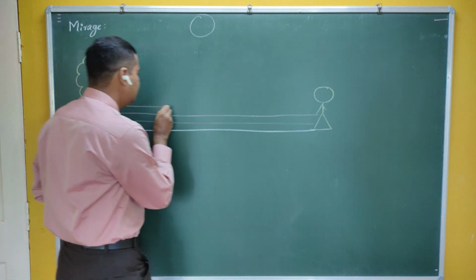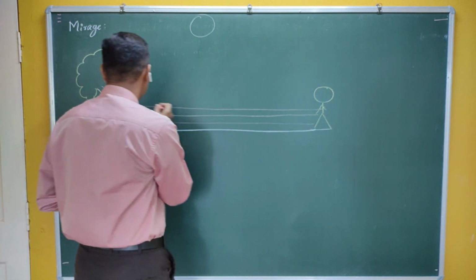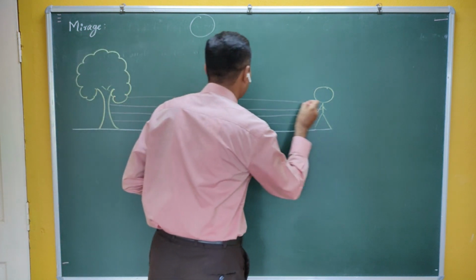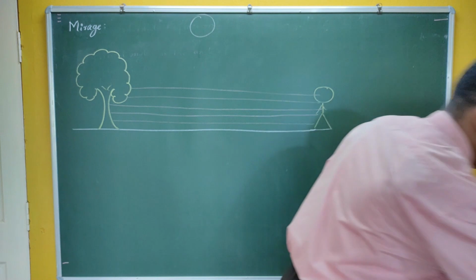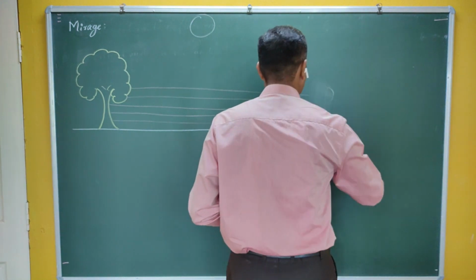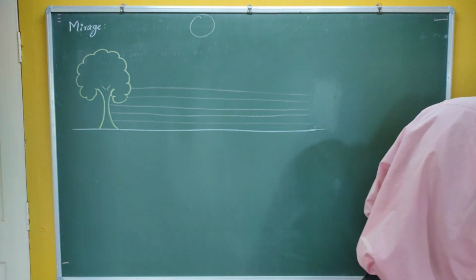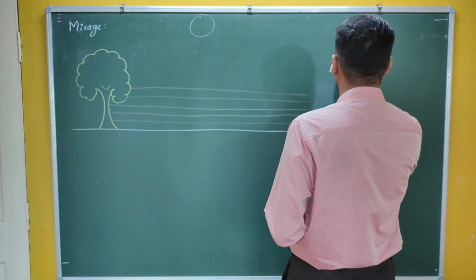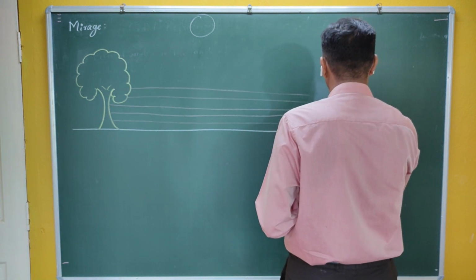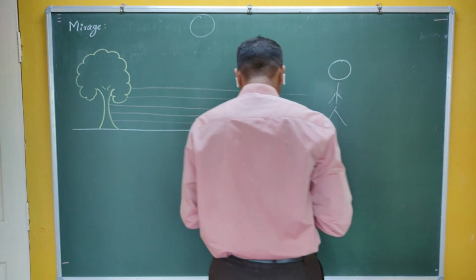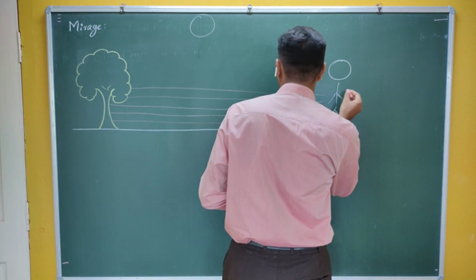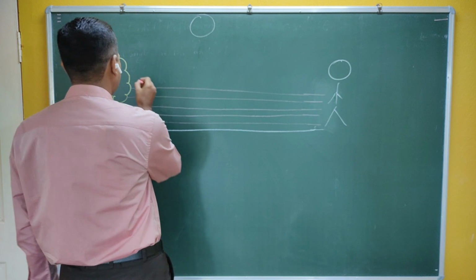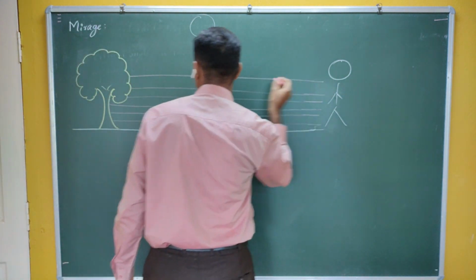Similarly, there is one more layer. Like this, you have layer by layer. So the observer is very far from the object. Now these are the different layers here.